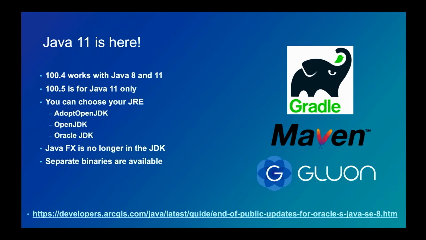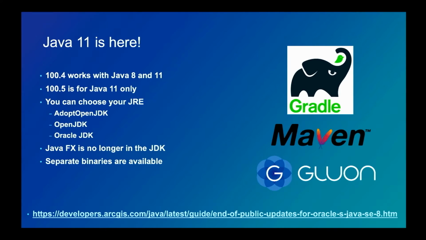Internally, we're making use of the Adopt Open JDK. You could just use the standard JDK or continue using the Oracle JDK. Previously we just encouraged people to use Oracle's, but since the licensing change, we've now certified the product to work with any of those. And in fact, it's just a Java application. It should work on any of them, so it's not a problem.